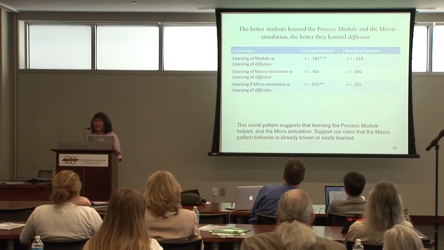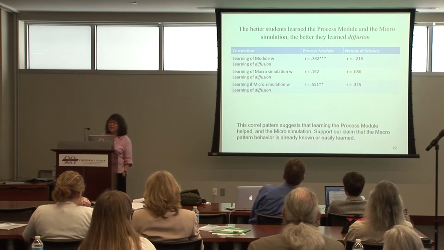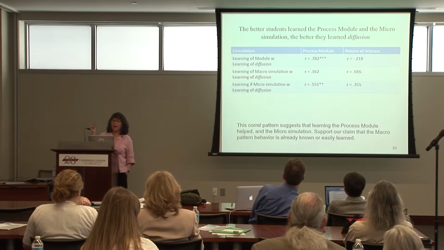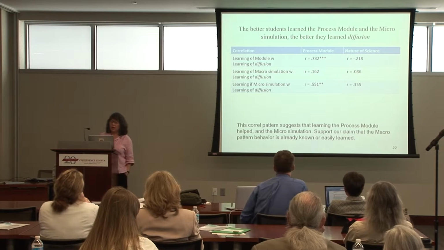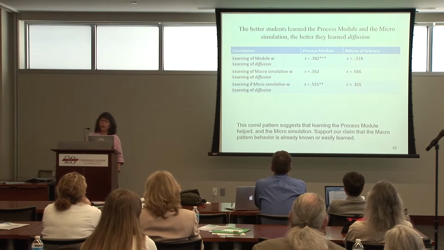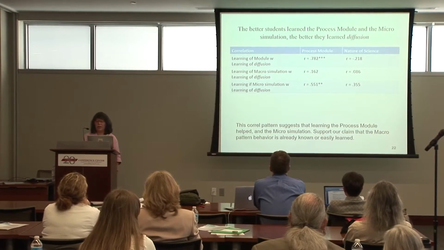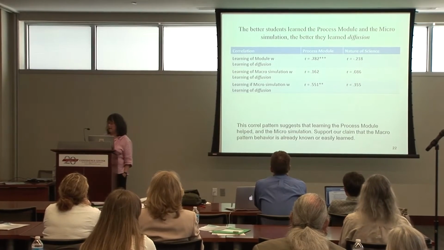Then we look at the correlation. I'm just going to show you these two results. We looked at how well students understood the module and how well they learned. In the first row, you can see that if they learn the module very well, there's a significant correlation with how well they understood diffusion, but not with the nature of science.